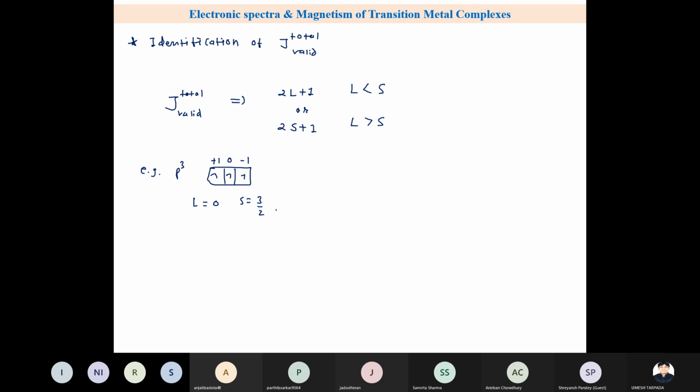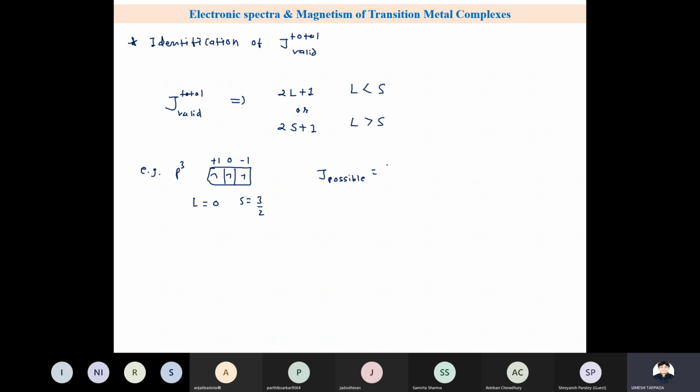So now see, how many J possible will come? If you want to write J possible, how will you write it? See, J possible you will write like this: J possible is equal to, first L plus S, that is 0 plus 3 by 2, it is 3 by 2, and L minus S, it is again 3 by 2.